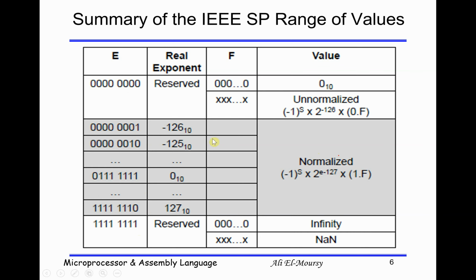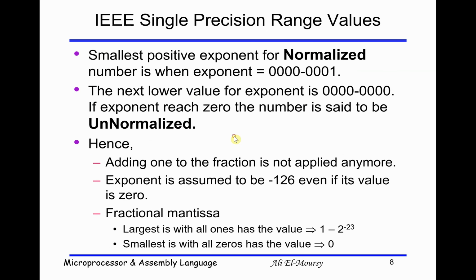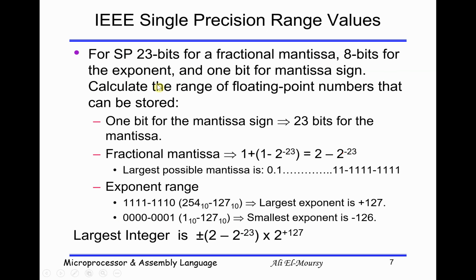Based on this we can calculate the largest and the smallest number that can be represented using floating point. For single precision we have 23 bits for the fractional mantissa, 8 bits for the exponent and 1 bit for the sign. Let's calculate the range of values that can be stored.